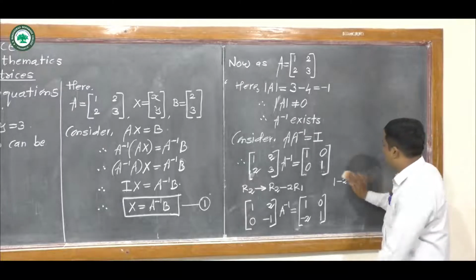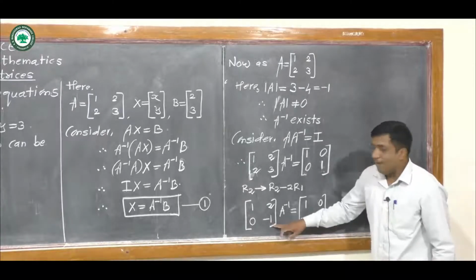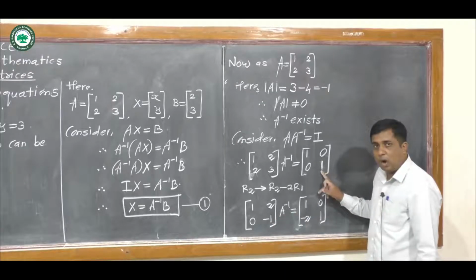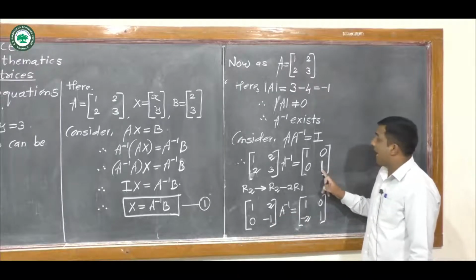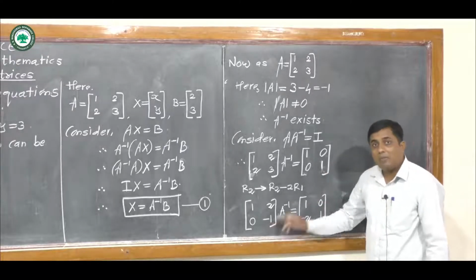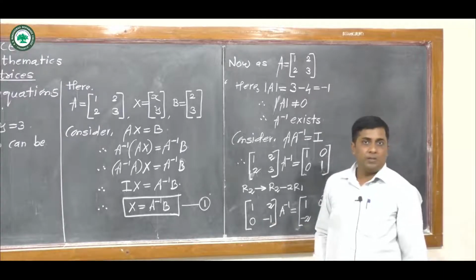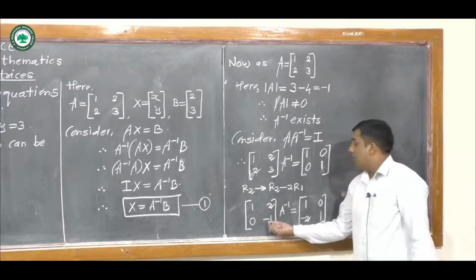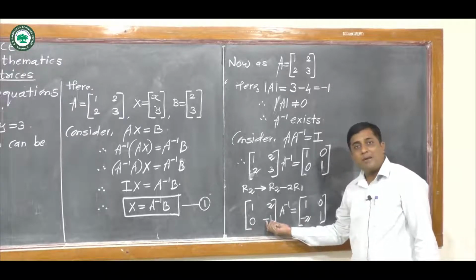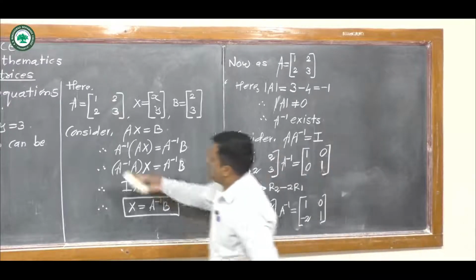Now in the next step, we make this minus 1 as 1, since in the position of A2,2 we want 1. So we make this minus 1 as 1 by using the transformation. To make this, we multiply each element of second row by minus 1.